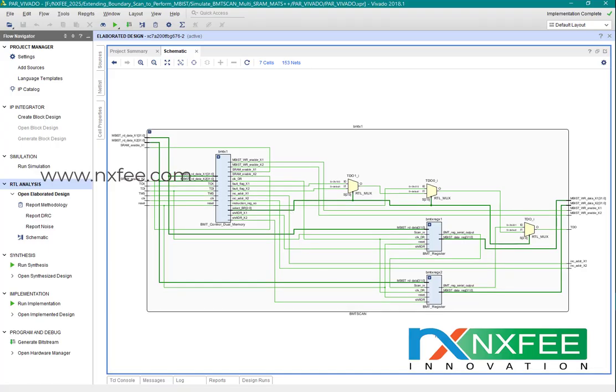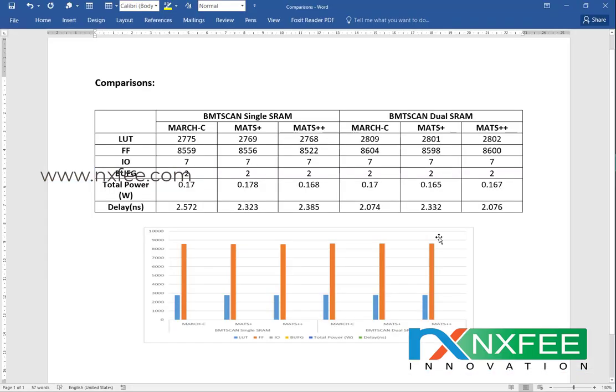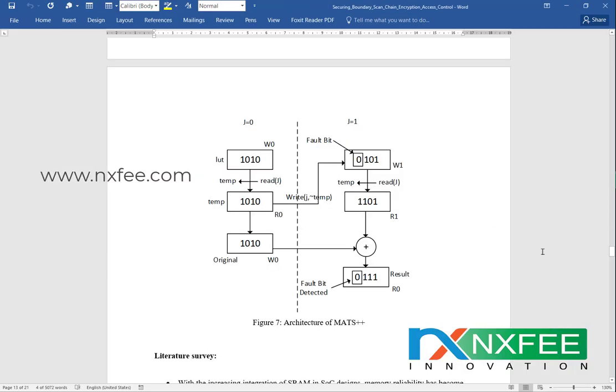This part we have compared, so this is a comparison report: March C, March C dual memory, MATS and MATS plus dual memory, and MATS plus plus and MATS plus plus dual memory. We have also written an abstract document for this project.